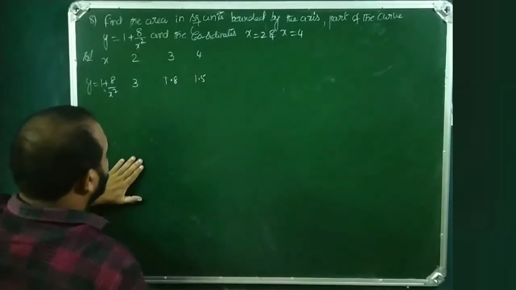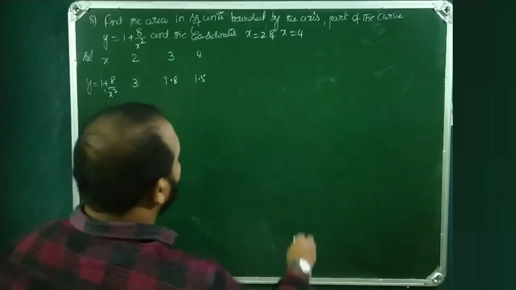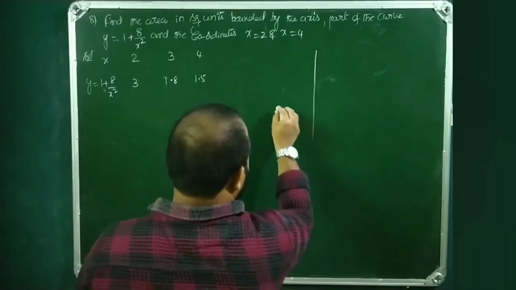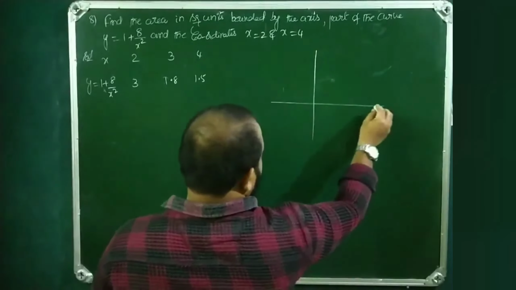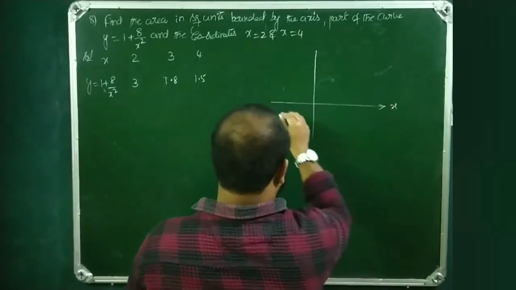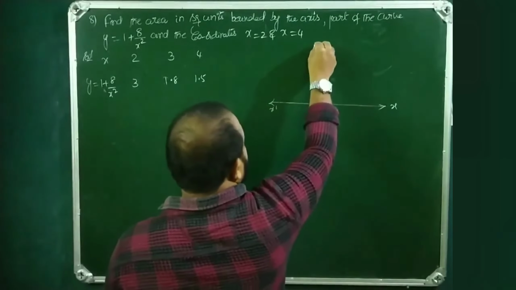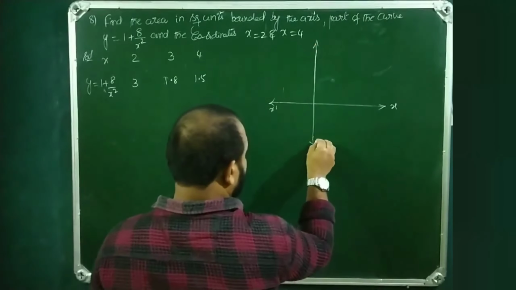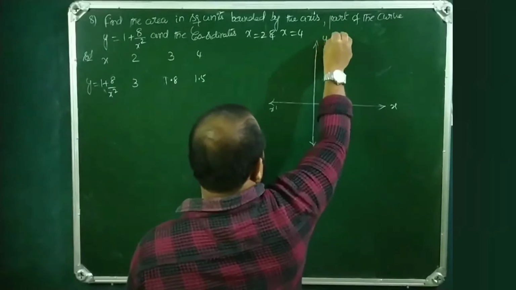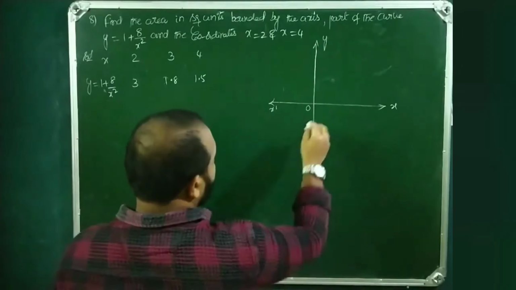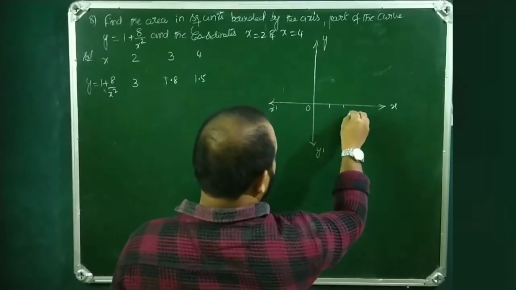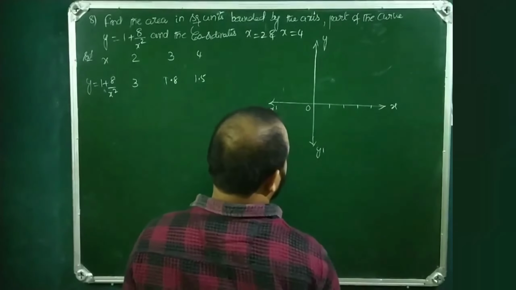Therefore, let us try to plot the diagram of this. This is the positive x-axis, negative x-axis, origin. Now this is 1, 2, 3, 4.